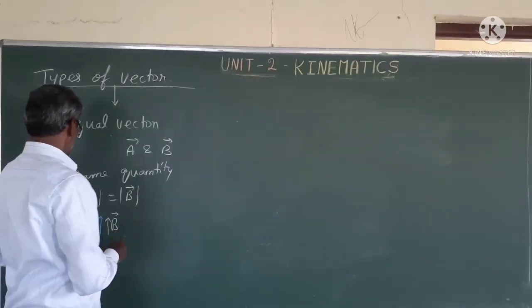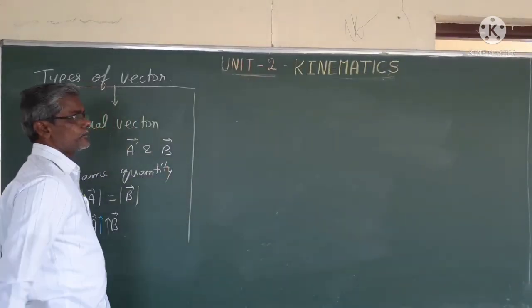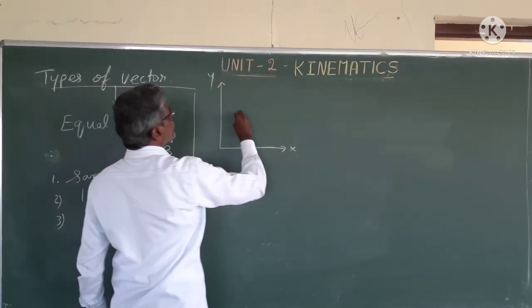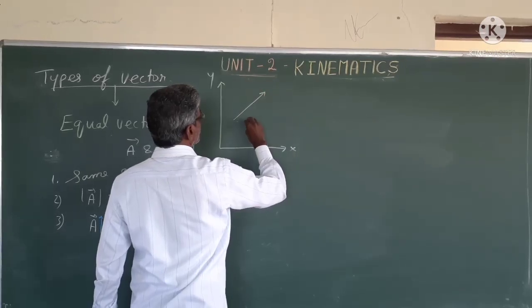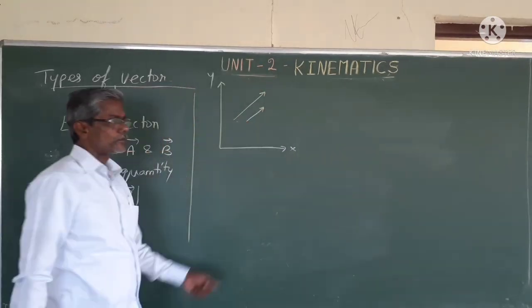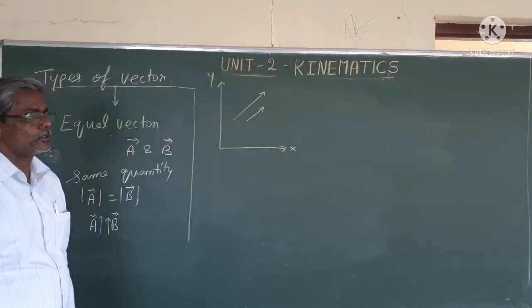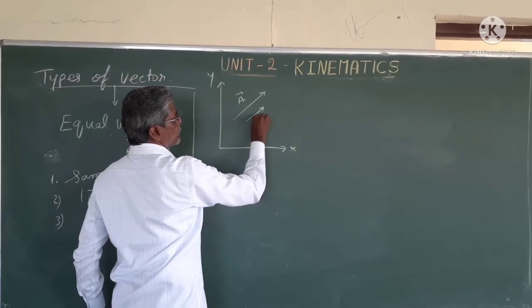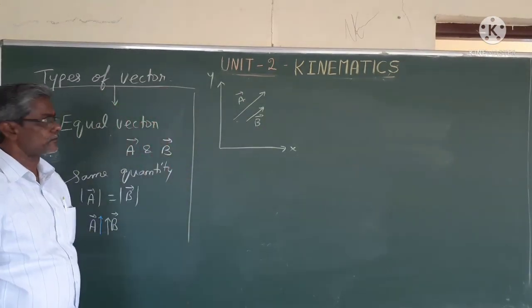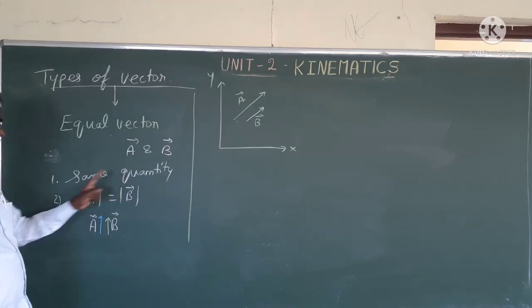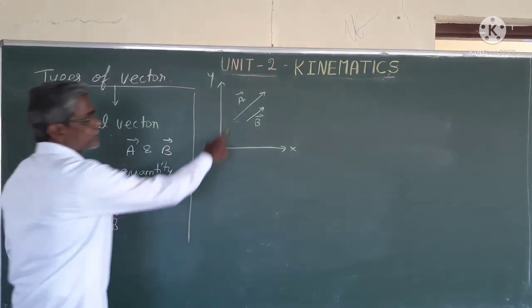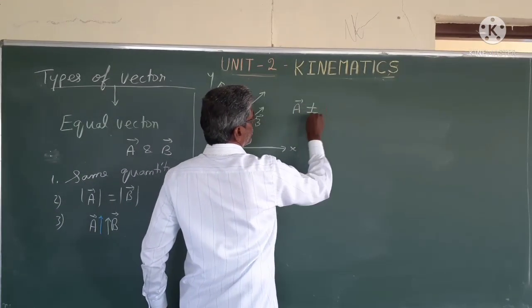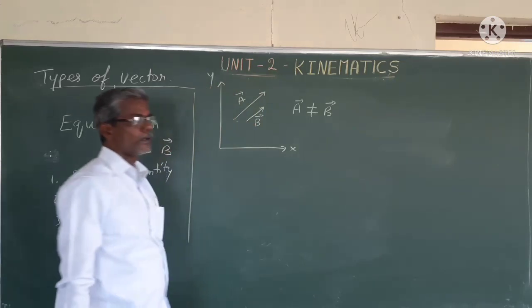Now, let us take an example. This graph shows A vector and B vector. Whether they are equal: same quantity, yes, but see the magnitude, they are not the same. Therefore A vector is not equal to B vector.